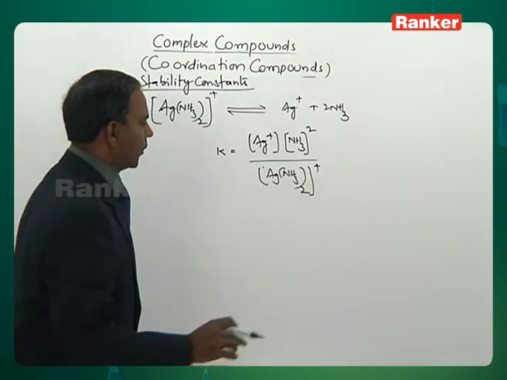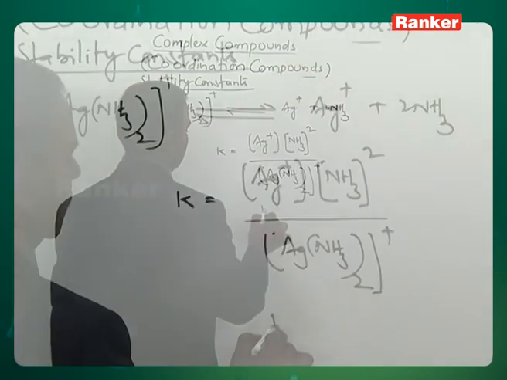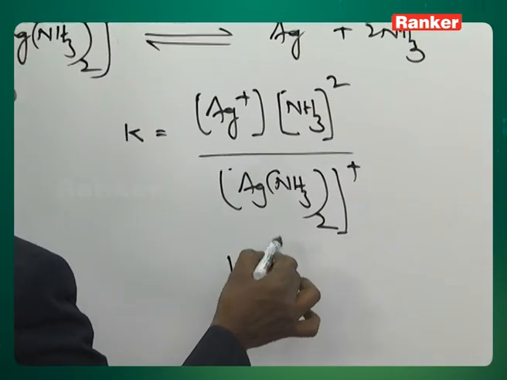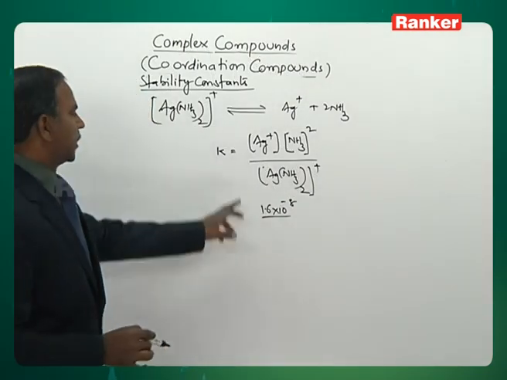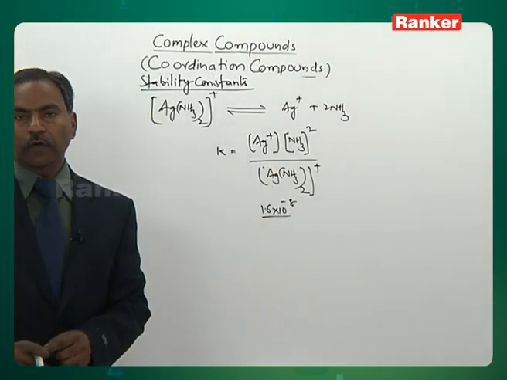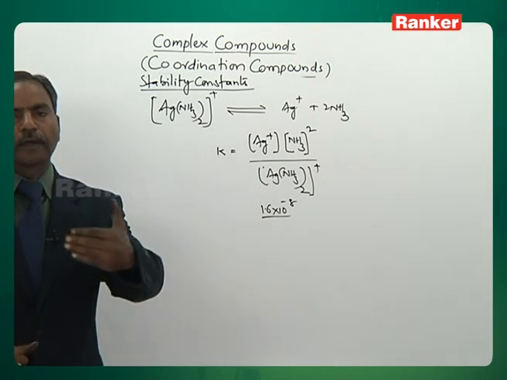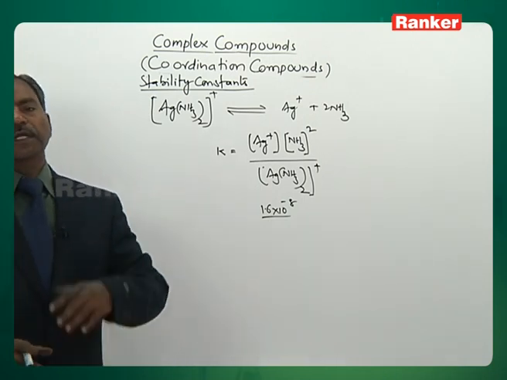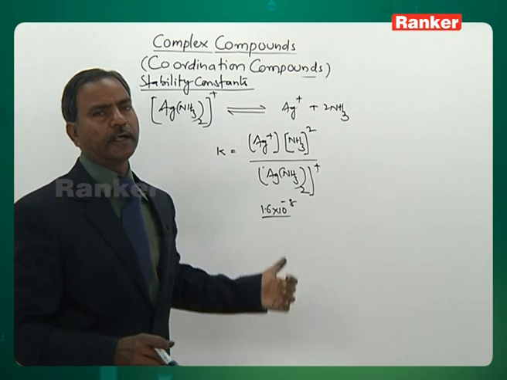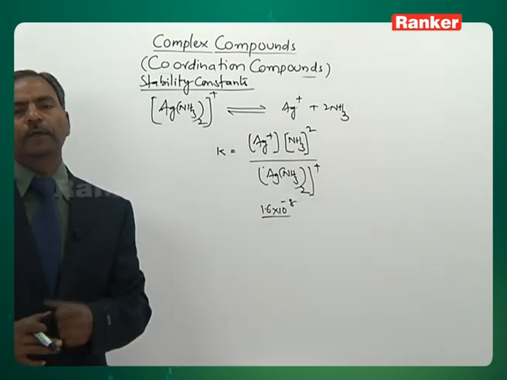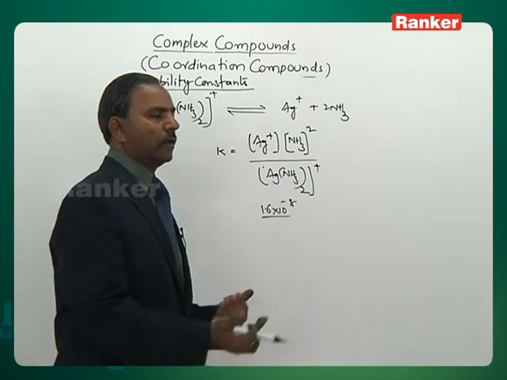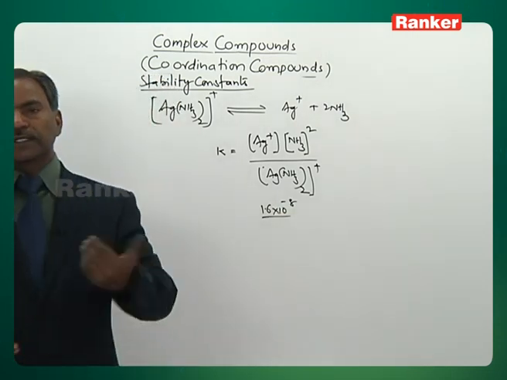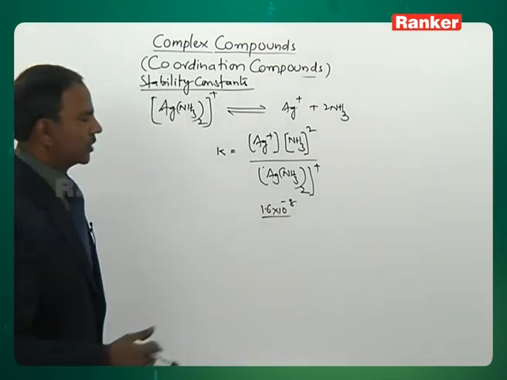This K value is found experimentally to be 1.6 × 10^-8, a very small value. Instead of calling this K the equilibrium constant, let us make it the dissociation constant. Yes, it is an equilibrium constant, but for our discussion, let us consider this K as the dissociation constant.